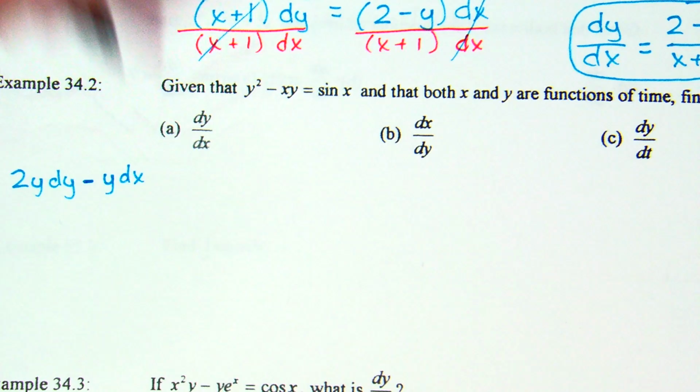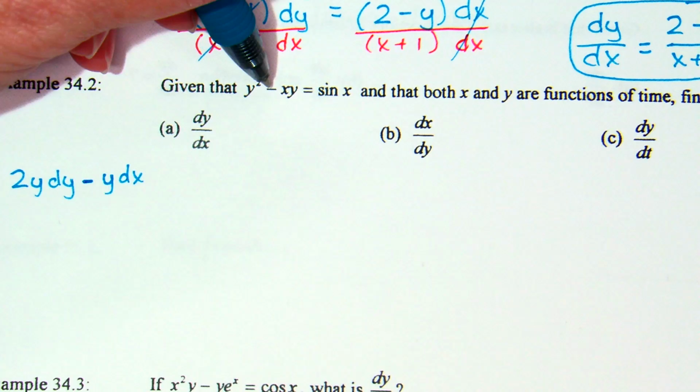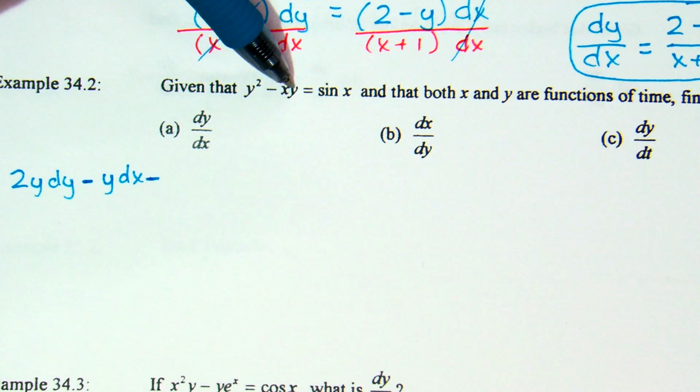Now, officially, we normally say plus, but what's being done to this term? It's being subtracted. So I'm actually going to continue to subtract this next term. We did the derivative of x. We kept the y. Now we're going to keep the x. What's the derivative of y? 1 dy. So I'm going to tack on a dy. That's all the left side.